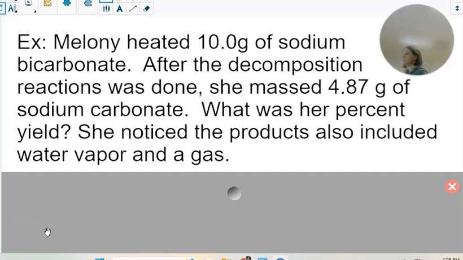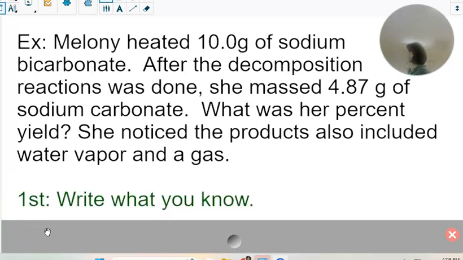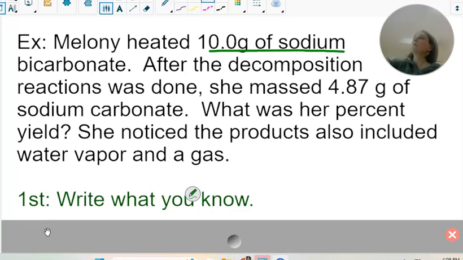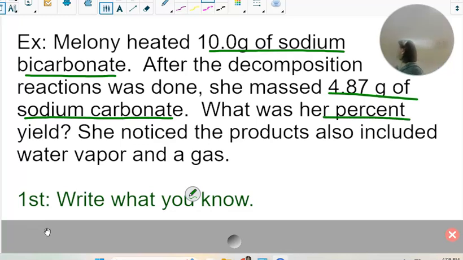So our first step is to figure out what we know. Melanie heated 10 grams of sodium bicarbonate. After the decomposition reaction was done, she massed 4.87 grams of sodium carbonate. What was her percent yield?